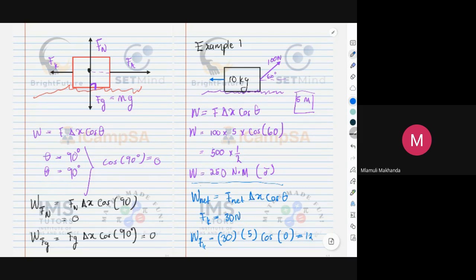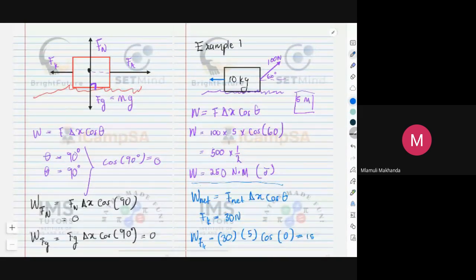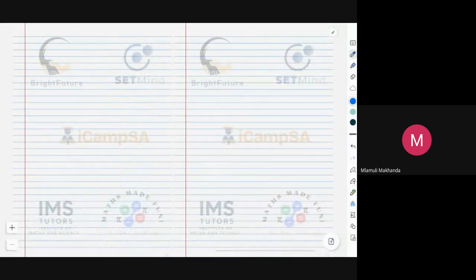So here you'd have 150 joules for your Fk, but in the opposite direction. This is going to be negative because this is negative work. If we get here now, we can calculate F net.